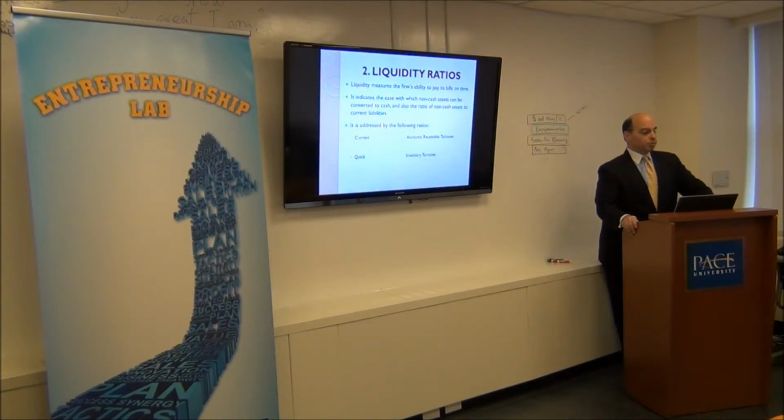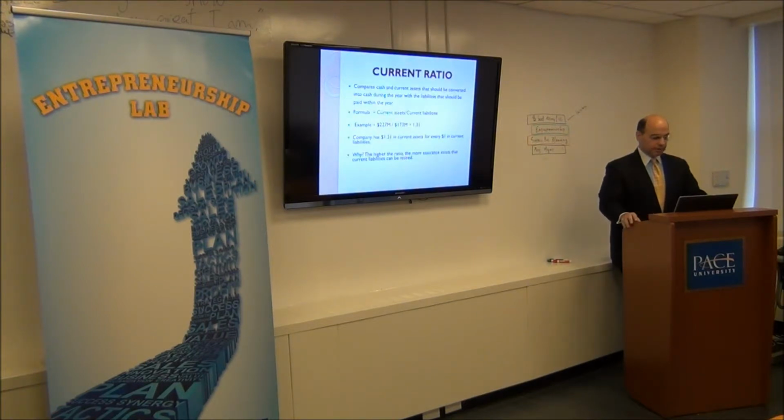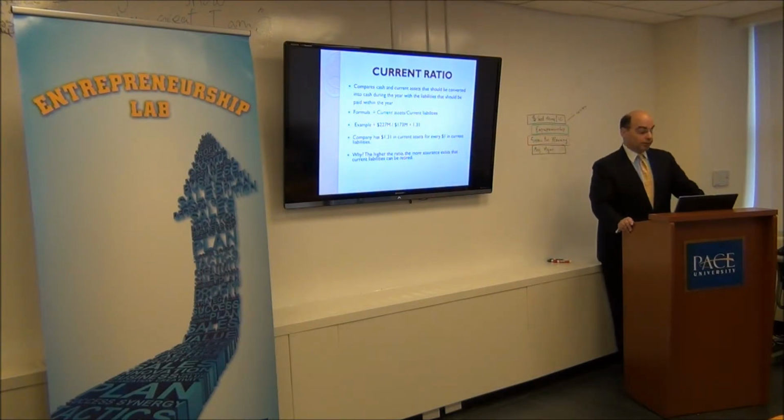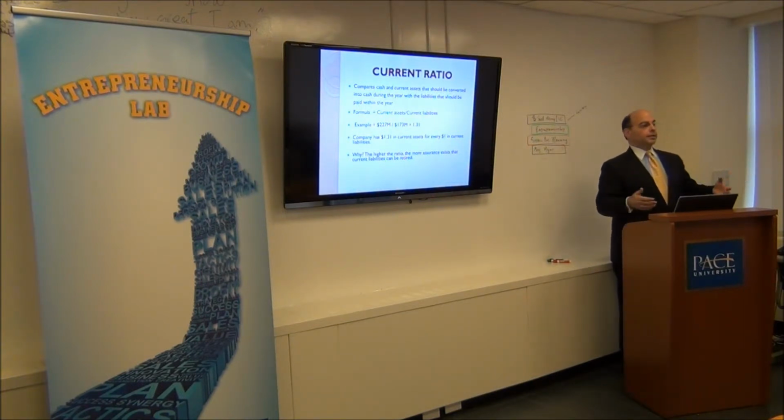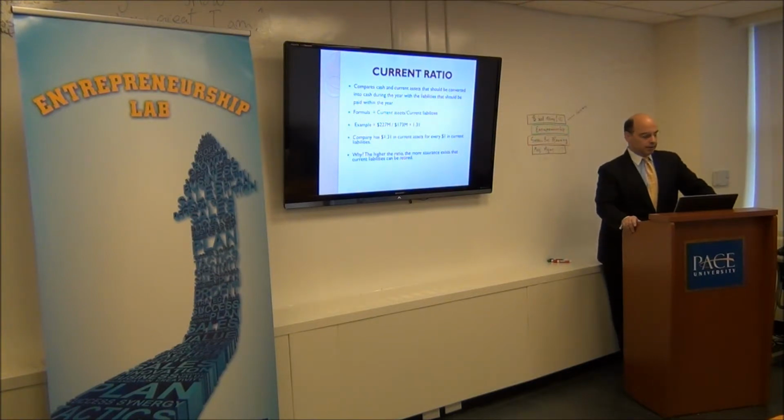This is part of managing the business. There are generally four types of ratios: current, quick, accounts receivable, and inventory turnover. The current ratio is current assets divided by current liabilities. Current assets are cash and accounts receivable, divided by, let's just say, accounts payable and the short-term portion of debt.